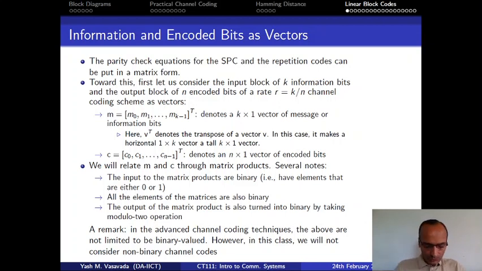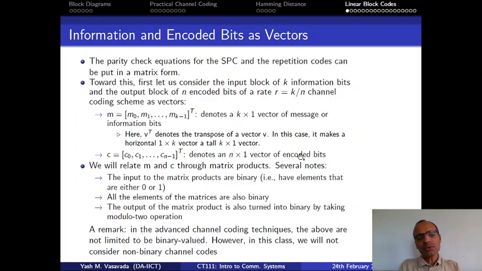To be able to do so, we will start taking the input, which is this vector m, and the output, which is this vector c, of the channel coding encoder. Both of them we will take as vectors. m is a vector of k bits, where k is the number of information bits incoming to the channel encoder, and c has a total of n bits, which are the encoded bits.